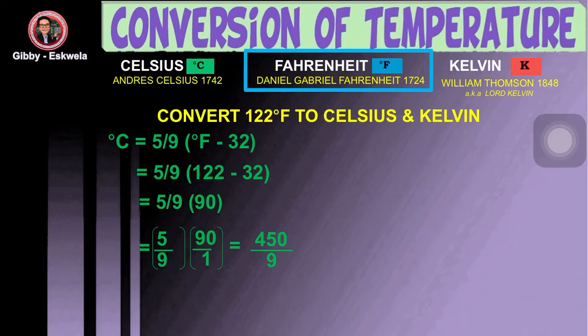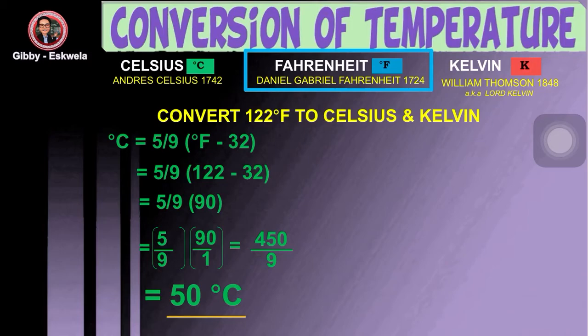In this problem, just proceed to multiplying numerator to numerator and denominator to denominator of these two fractions. 5 times 90 is 450 and 9 times 1 is 9, giving us a product of 450 over 9. Dividing 450 by 9 will give us a quotient of 50. Hence, 122 degrees Fahrenheit is equal to 50 degrees Celsius.